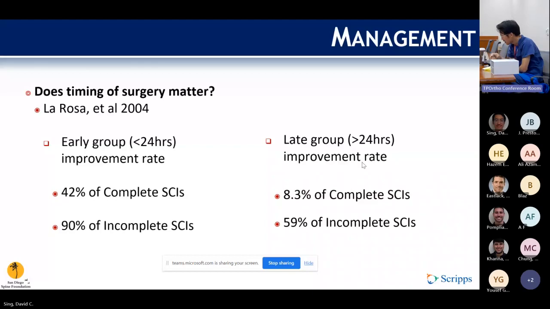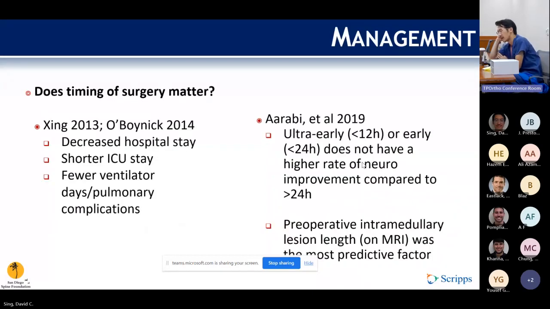So more recent literature looks at this ultra early concept. It's hard for me to interpret sometimes if these are sort of defensive medicine type studies, because obviously we know the earlier you get to surgery, the shorter your hospital stay is going to be.